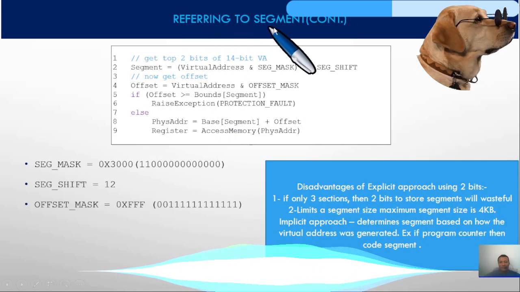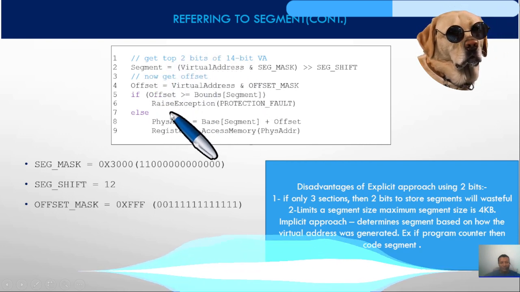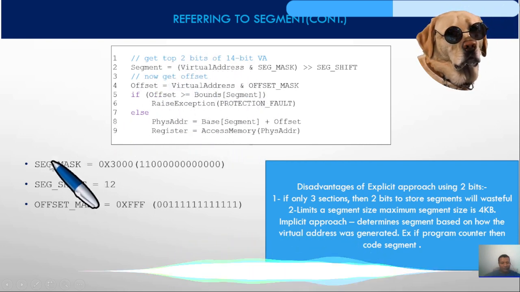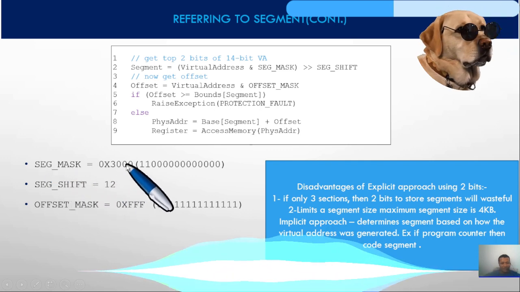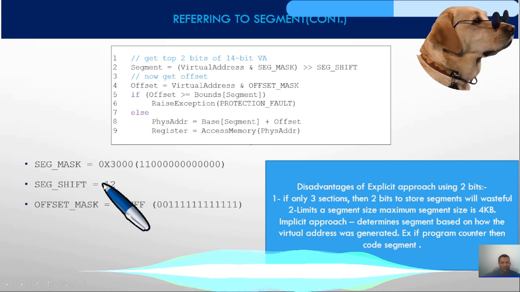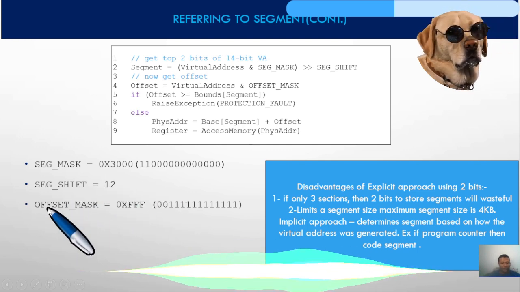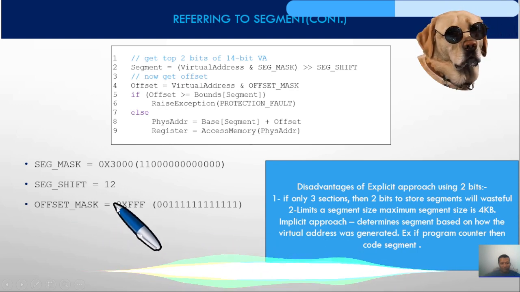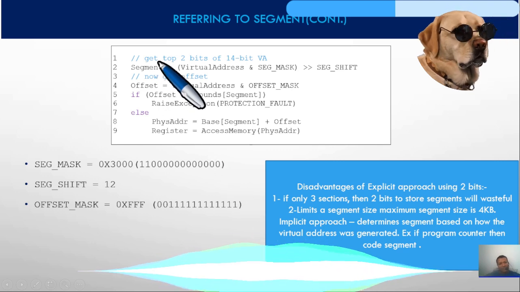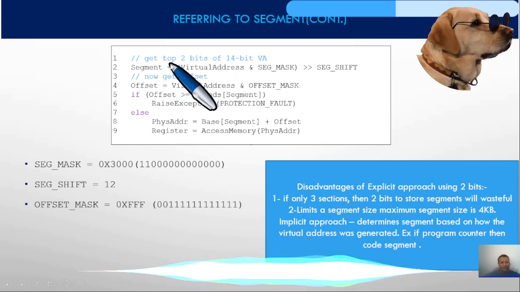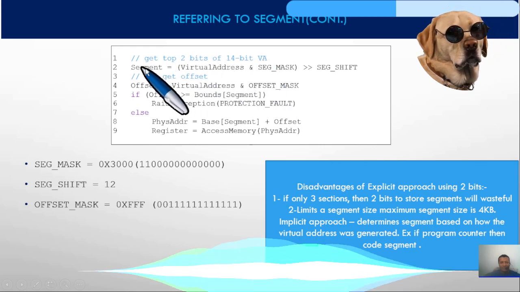Now, referencing segmentation, this is a simple code. We have the segment mask and the segment shift. We have to shift the bits by 12. And for the offset mask, we have the hexadecimal representation. This code gets the top 2 bits of the 14-bit address.